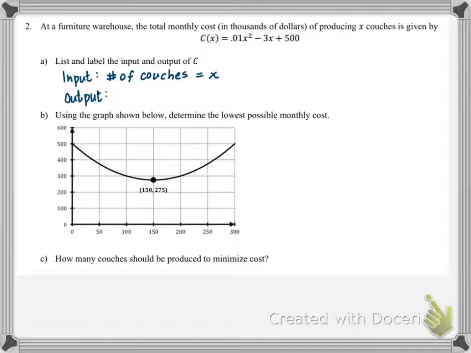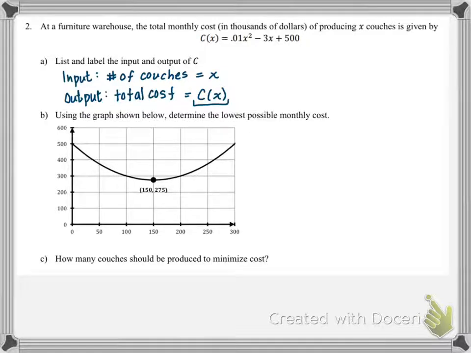Cole, what's the output? Is the output just total cost? And what do we use to represent that? Good. So C of X. Remember that this entire thing represents your output. So that whole thing is a variable. C itself isn't a variable.